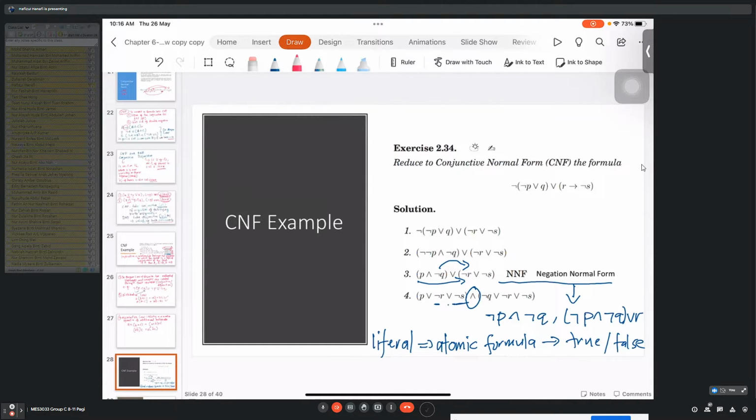Okay, for example, reduce to conjunctive normal form. First, we need to eliminate the implication. We have negate (P or Q), or we have R implies negate S. When you have an implication here, we put the or.